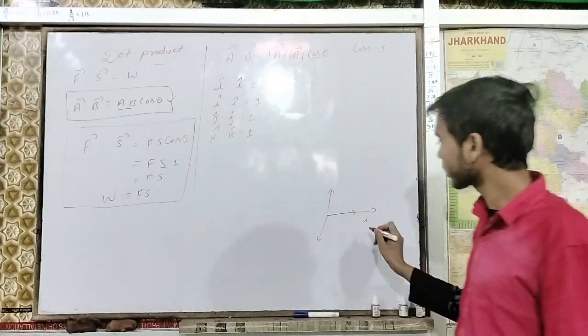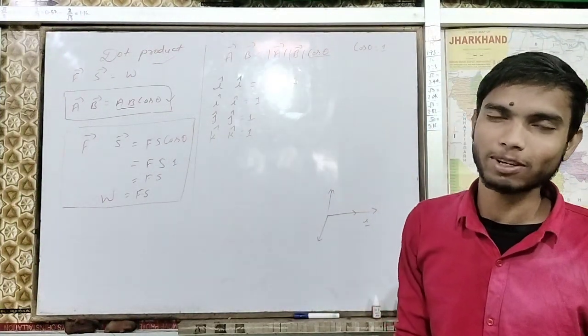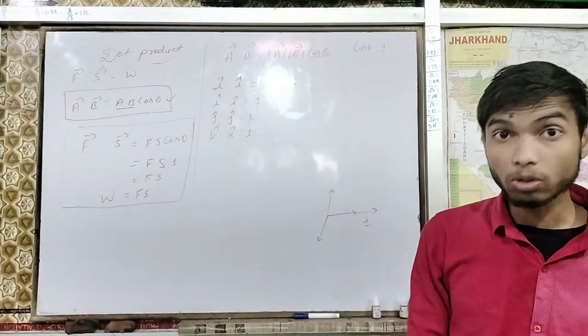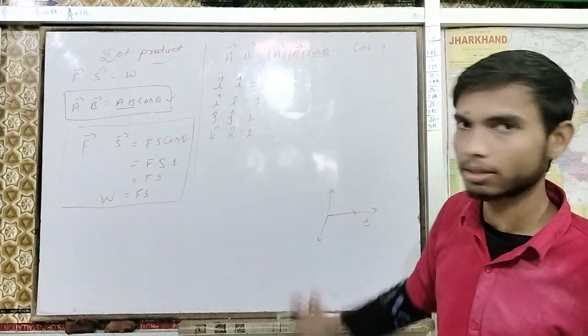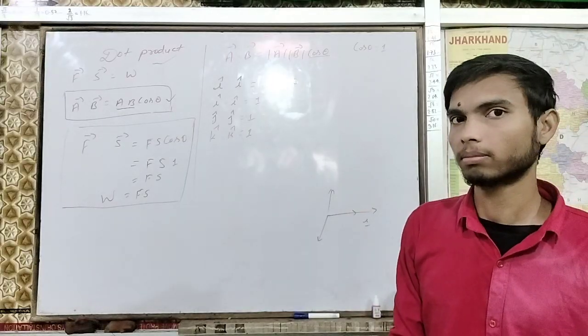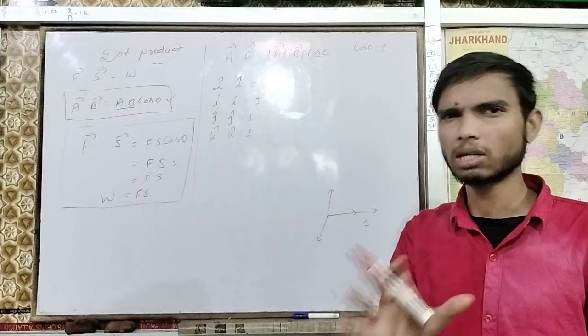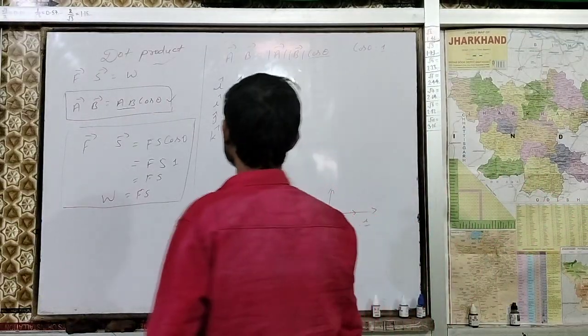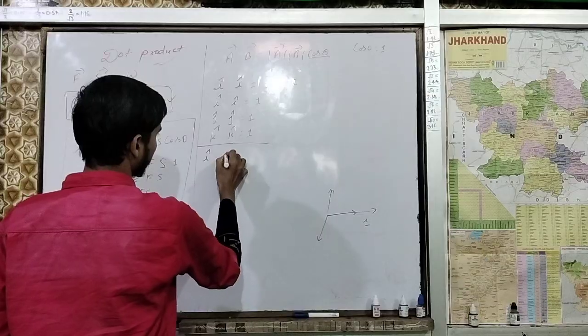What if we take this i cap and then another j cap? In that case, what will happen? Is it possible to get a result if we take not the same but different components? Yes, it is possible, but the result would be different. Let's say we take i cap and j cap.